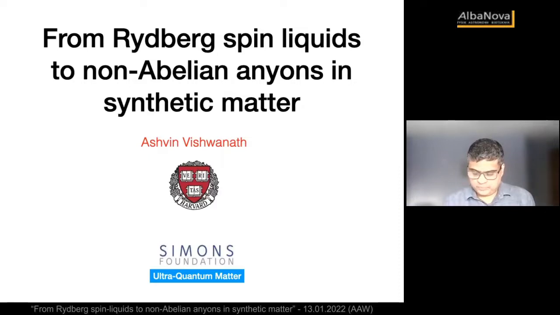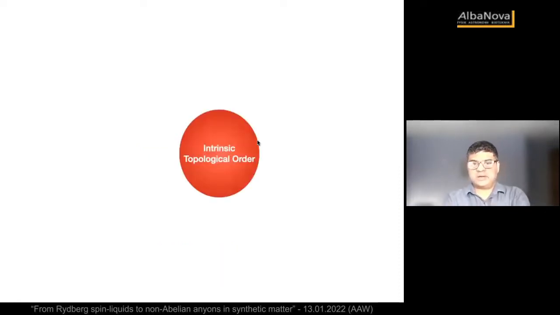To highlight one of the very interesting aspects of this field, I'll be talking about a class of states with intrinsic topological order. I'll try to make that more precise as I go on.